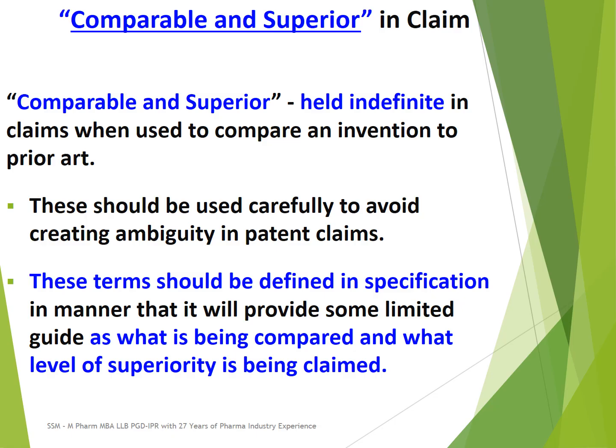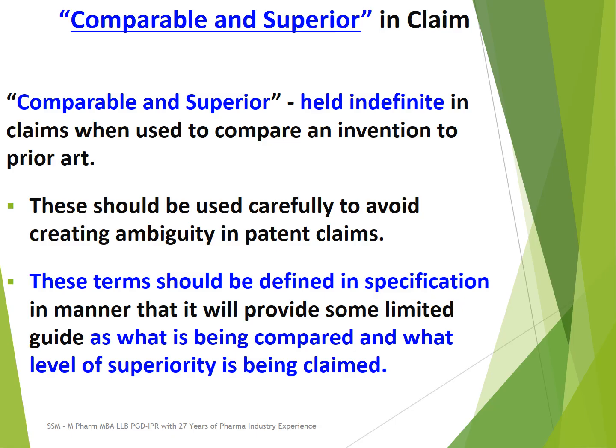These terms should be used carefully to avoid creating ambiguity in patent claims. And these terms should be defined in the specification in a manner that provides some limited guide as to what it is being compared with and what level of superiority is being claimed.